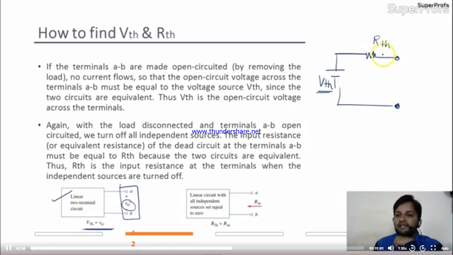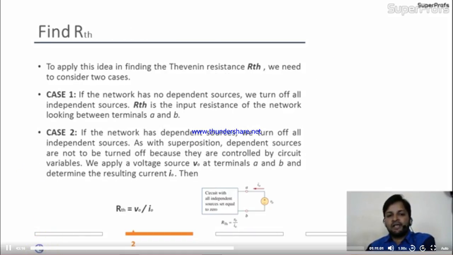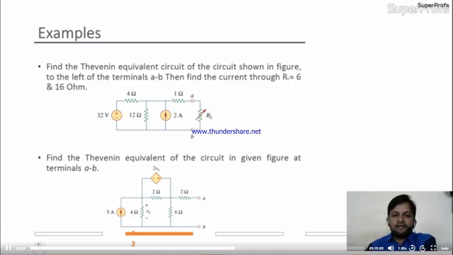What about R_Th? For R_Th also we'll keep the points A and B open, we'll find the resultant of this circuit, and that resultant will be nothing but the R_Th. Is it okay to you? When we take the problem, it will be clear to you again. Now to find the R_Th, we encounter two conditions. I'll come to that later. Before that, we'll take this problem.